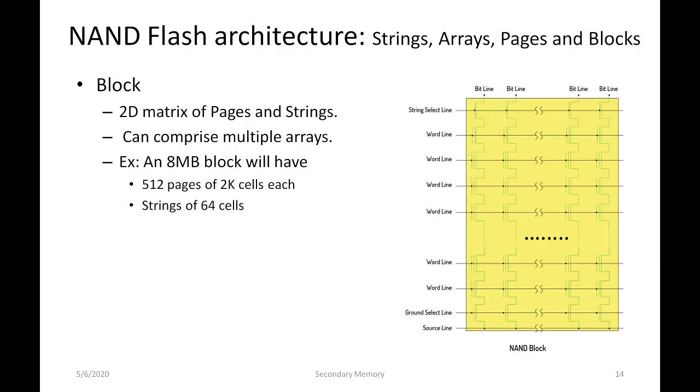Together they make up our 8 MB. A NAND block determines the minimum erase granularity. So we can read a string of data, we can write a page of data, but we need to erase a block of data.